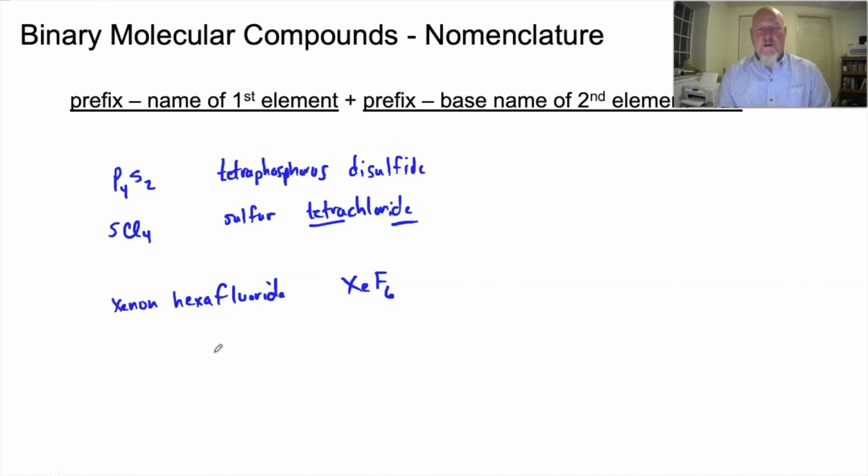So pretty much krypton and xenon, the larger noble gases, react a little bit, and usually with fluorine or chlorine, the higher electronegative nonmetals. Right? That's it for binary molecular compounds. So a compound that contains two nonmetals, a nonmetal and a metalloid, or two metalloids, this is how we name them.